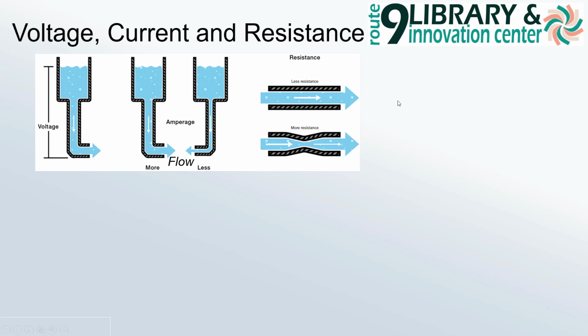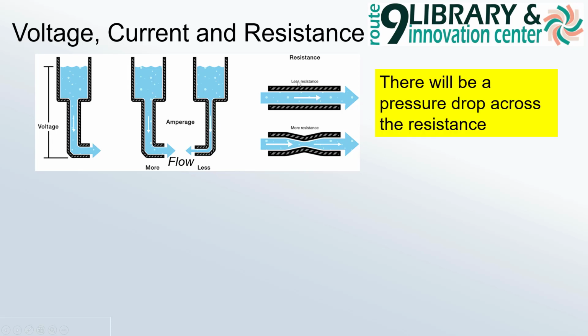So that's the flow. And then resistance, in terms of water flow, is, again, you go back to your garden hose and the water is flowing through it. If I squeeze the garden hose, I'm going to create a resistance. You're going to have less water coming out of the garden hose. We know that. And we also know that we're building up pressure on this side of the resistance.